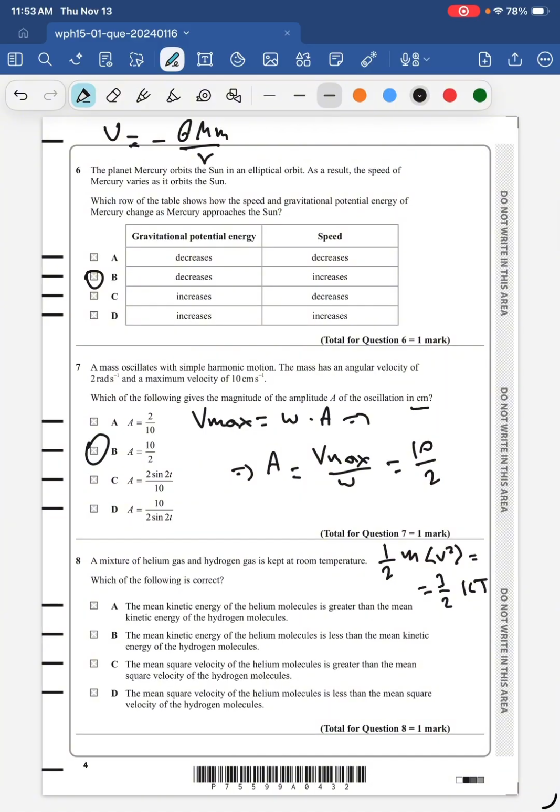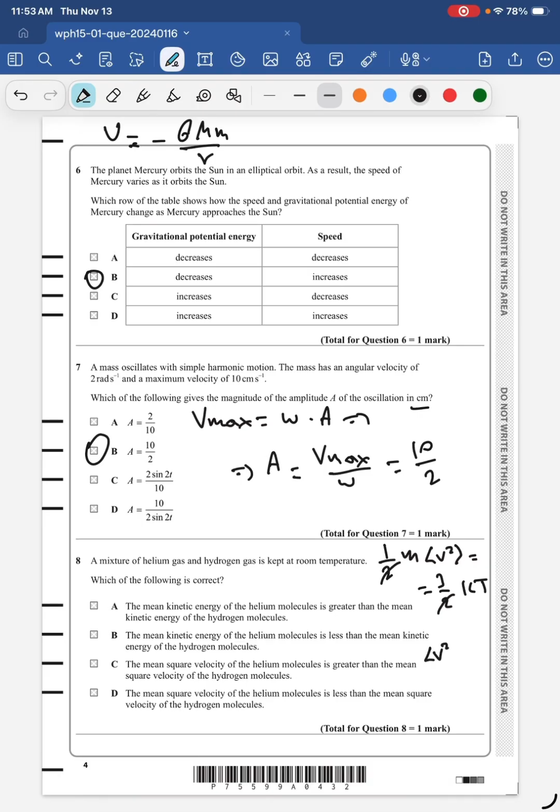Okay. B, the mean kinetic energy of the helium molecules is less than the mean kinetic energy of the hydrogen molecules. This is also wrong because it's actually the same when we talk about the kinetic energy. The mean square velocity of the helium molecules is greater than the mean square velocity of the hydrogen molecules. Okay, so let's solve for the velocity.